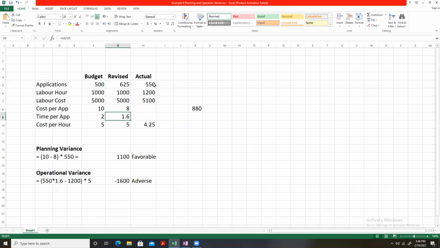So we multiplied 550 applications by 1.6, and then took the difference, subtracting 1200 from it, and multiplied it by the standard labor cost of $5 per hour to get the operational labor efficiency variance, that is 1600.